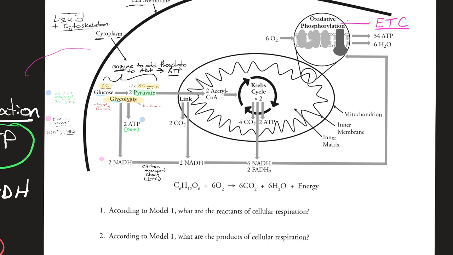What do you think you're using in oxidative phosphorylation? Oxygen. So as pyruvate goes into the mitochondria, NADH goes over here to the electron transport chain. Why? Because NADH is a carrier. What is the NADH carrying? Electrons. Where is it going to take it? To the electron transport chain.